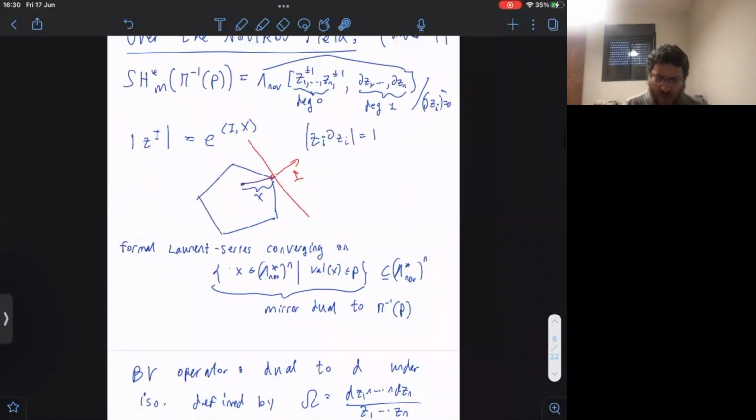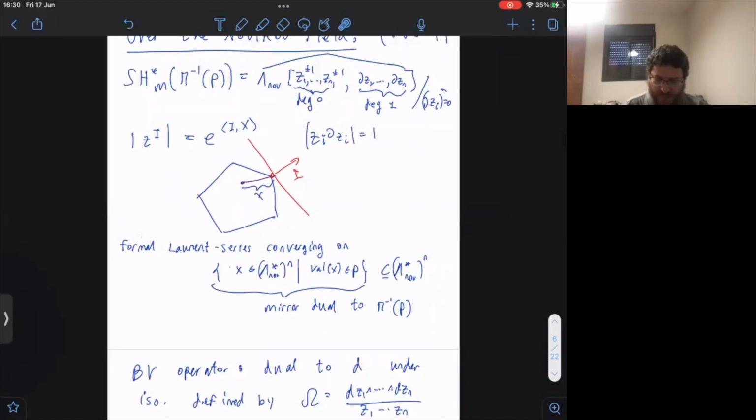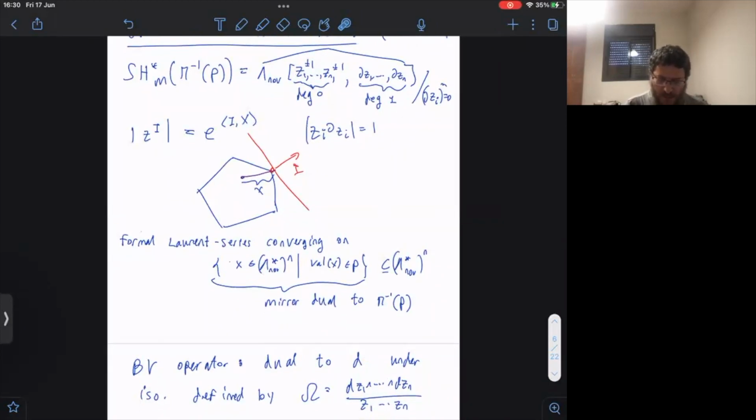It's kind of dual to the exterior derivative. You have this Calabi-Yau form, omega, and you can apply it to vectors in the standard way. So dzi is dual to partial zi, and then under this duality, the BV operator maps to the exterior derivative. So that's a full answer of what is relative symplectic cohomology in the simplest possible case.